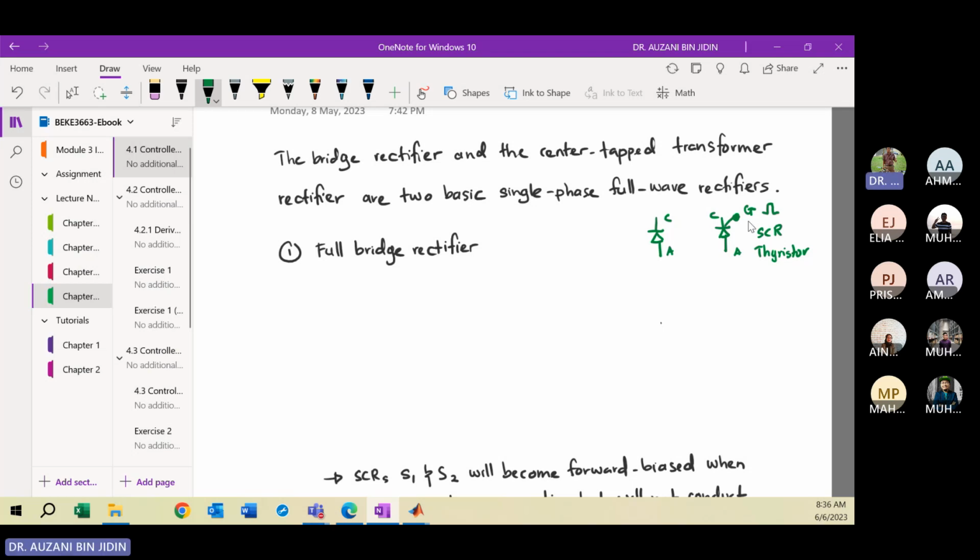For IGBT and MOSFET, you must apply a voltage pulse, the PWM, meaning the voltage across gate to emitter for IGBT or gate to source for MOSFET. But for the SCR or thyristor, you must apply the current pulse.